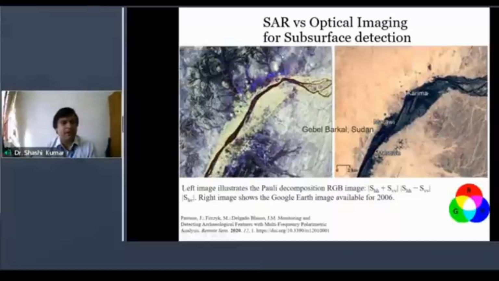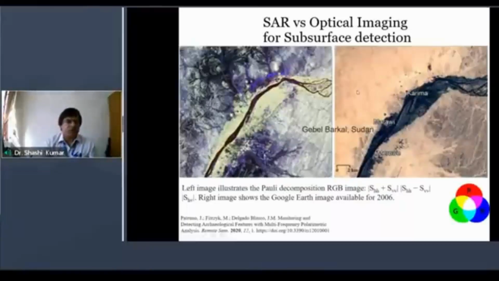So these paleo channels as well as the paleo soil could be easily detected with the help of synthetic aperture radar sensors. L-band has higher penetration capability because it has a longer wavelength. This area is also appearing as a dry area, because if there were wetness, it would appear dark in the optical imagery.